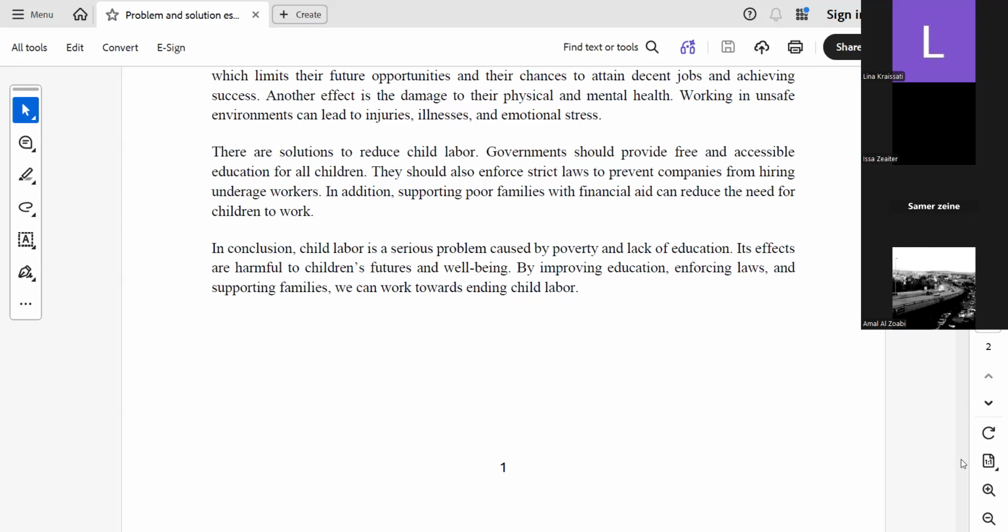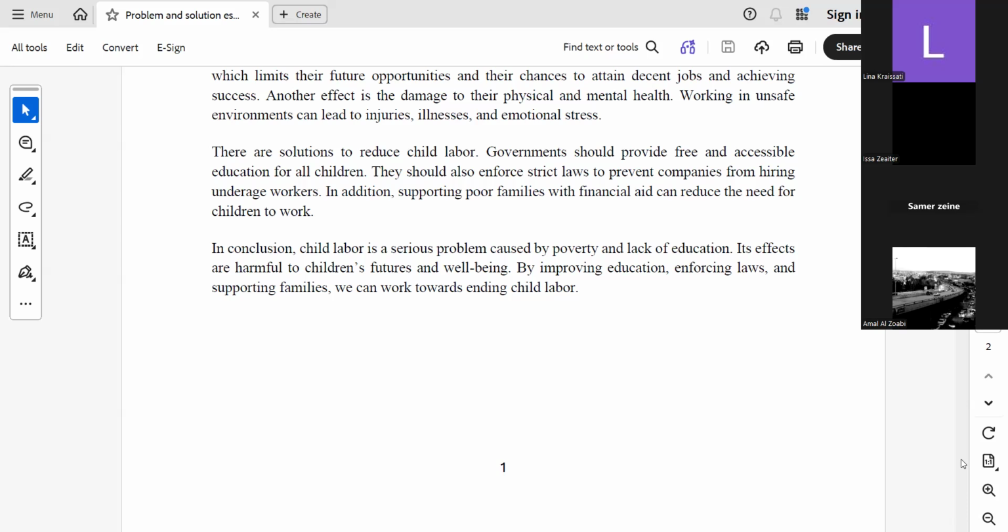We will start the introduction stating the problem. You can define it, you can ask a question, you can write any type of introduction. Then you mention that this problem has many causes and many effects, yet there are solutions to curb or end this problem.